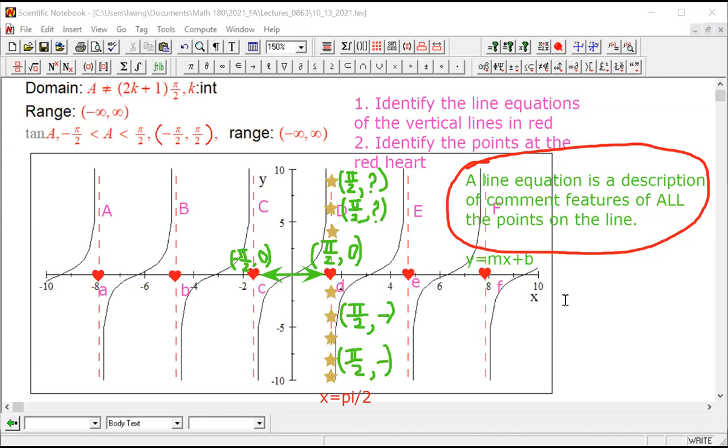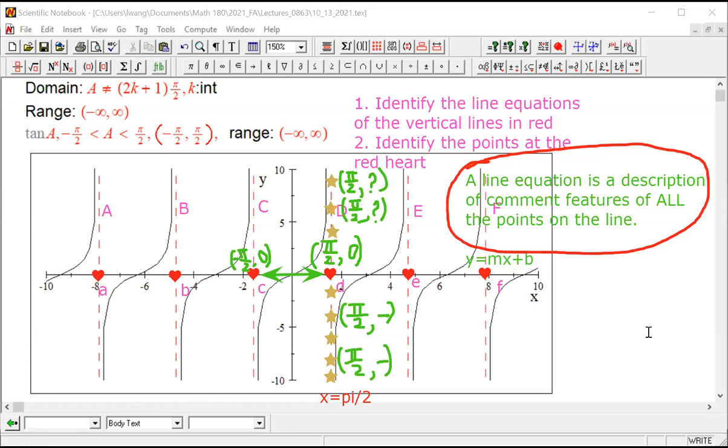So, Professor, basically you want each vertical line identified the way you identified one of them, like x equals pi over 2. You want us to identify the other lines? Yes, I want you to identify the points, lowercase a, b, c, d, e, f, and identify the vertical lines a, b, c, e, f.